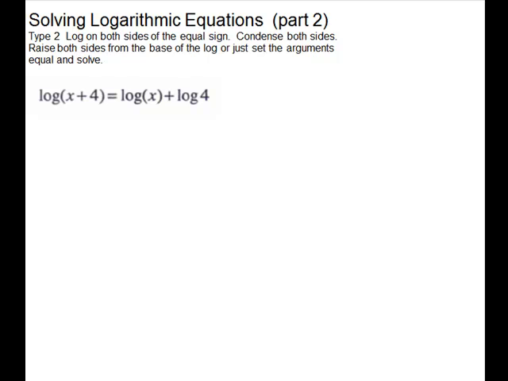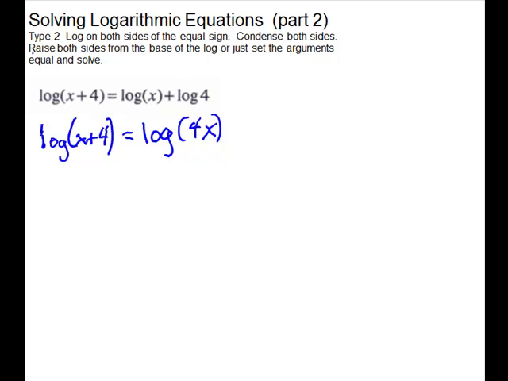The left hand side is fine. On the right-hand side, we have the sum of logs, and so that gives us the log of the product. And these are both base 10.